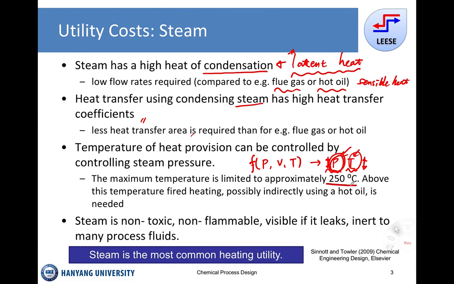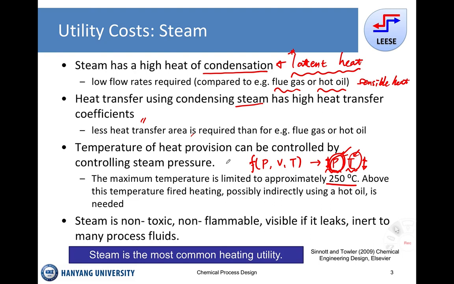Of course we can make the steam higher than 250, so 300, 350, but that may not be economic. In terms of heating, typically we provide heat up to 250 degrees C, maybe 280 degrees C.